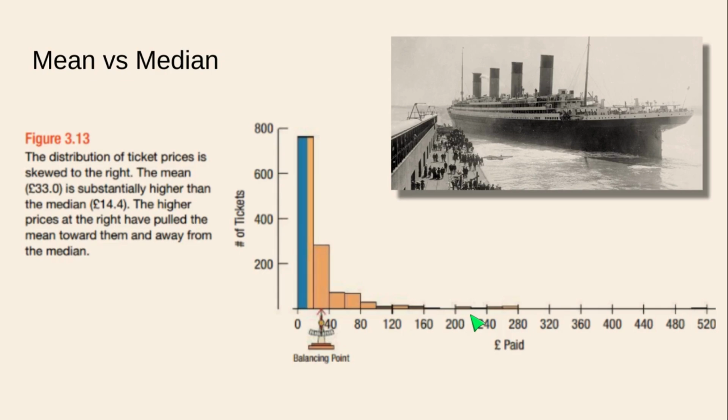And so here is my balancing point, which marks the location of the mean. So the mean is getting pulled by these high values over here. The mean is more influenced by skewness. So in this case, the median would be a better measure of center because the data are highly skewed, and the mean is more affected by skewness than the median.